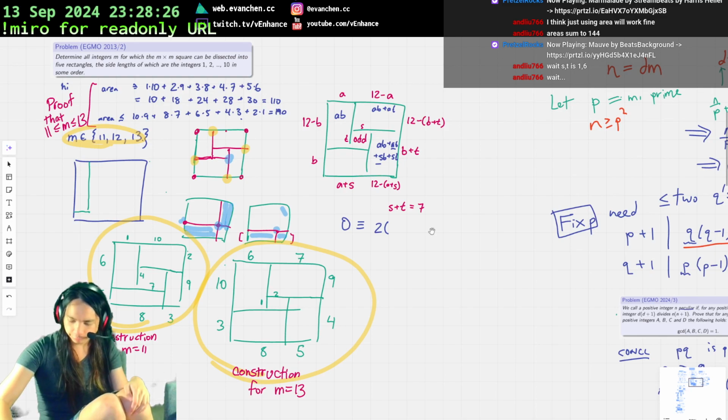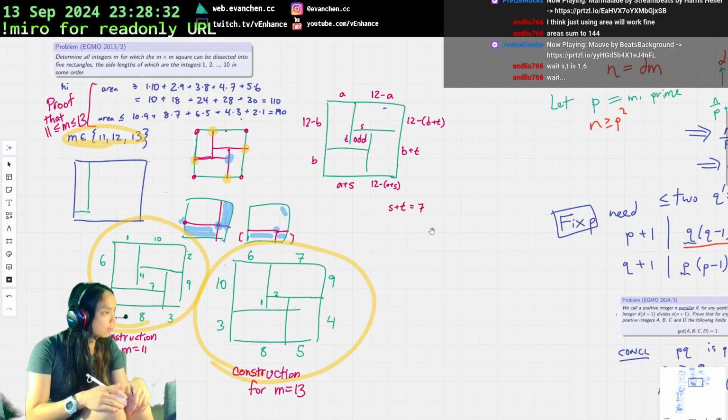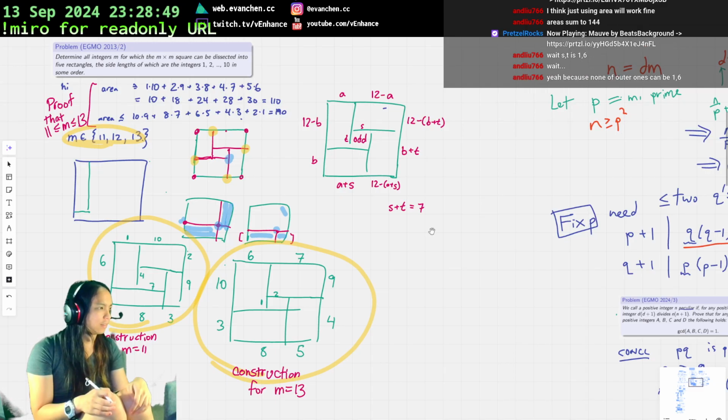In fact, I think what we've checked is that the areas always add up correctly, mod 2. None of the outer ones can be 1.6.